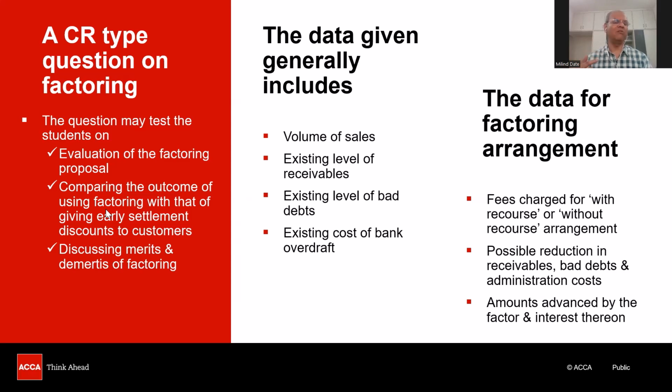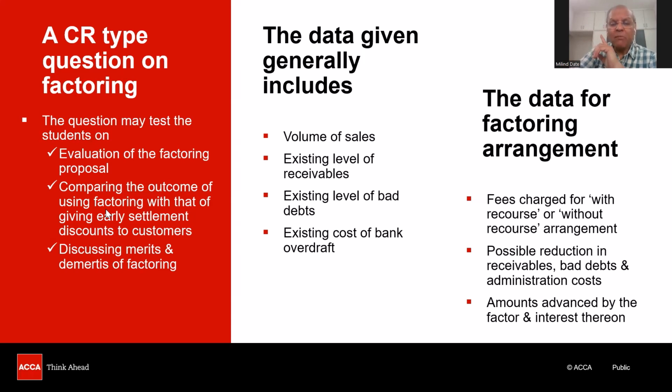Another para may give information about a proposal received from a factor. You will have to do the calculations, look at the qualitative aspects of both proposals, and conclude which of the two in the given scenario will be more beneficial for the company. And there could be a generic discussion type question on the merits and demerits of using factoring services.